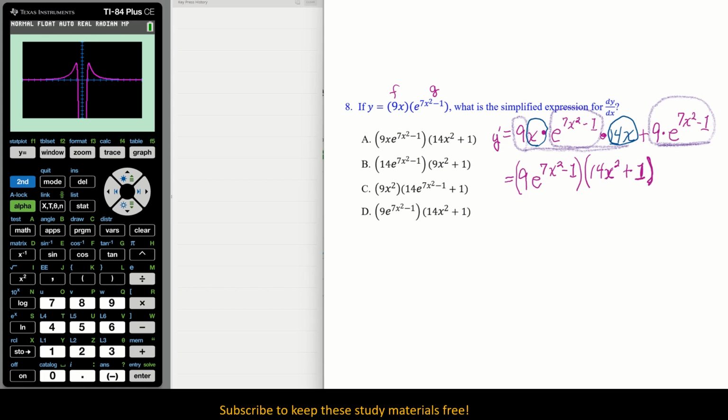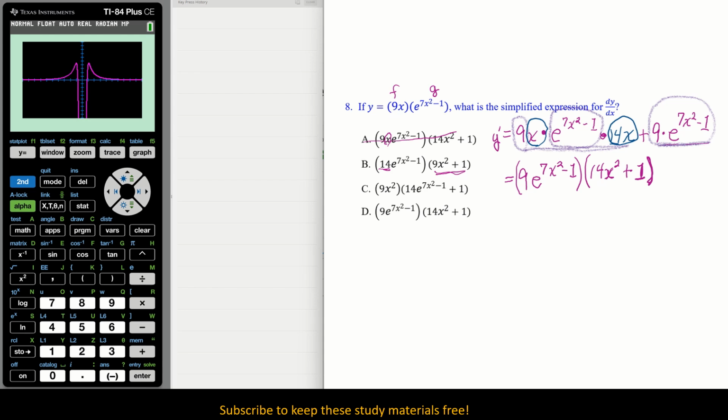Now let's look at our ABCD options. Well, there's some that just won't work at all. Let's see. A. I don't like A because they pulled out an x that was not existent in this second term here. So I'm not feeling A. B, look at what they gave us here. They pulled out a 14. No, you can't do that.